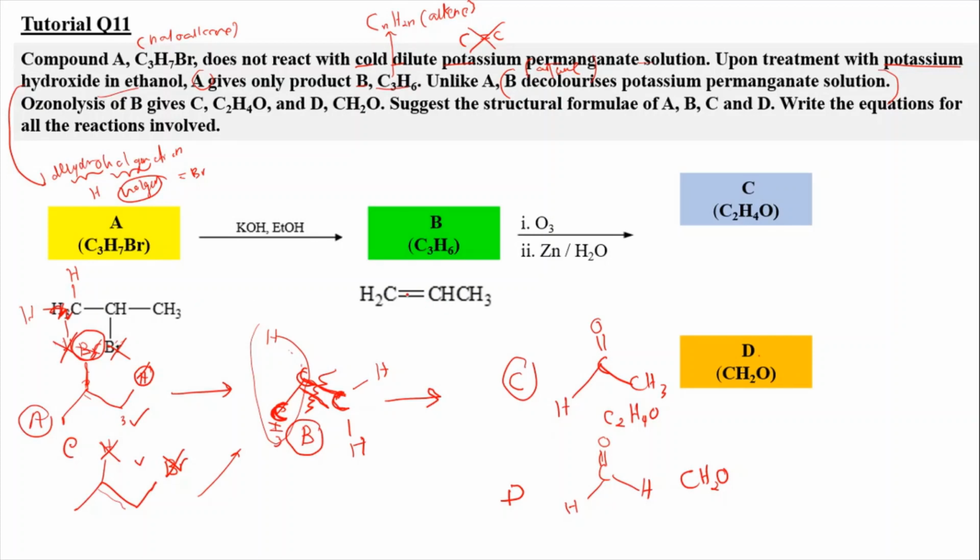When it is ozonolyzed, I will get this side C, H, C, CH3, and then I will get a double bond to oxygen. So this side is going to produce this compound here. Meanwhile, CH2 will get a double bond here and produce CH double bond here, which is the methanal. Okay, so that's for tutorial question 11.